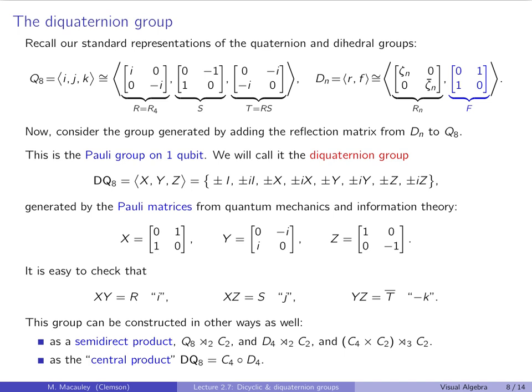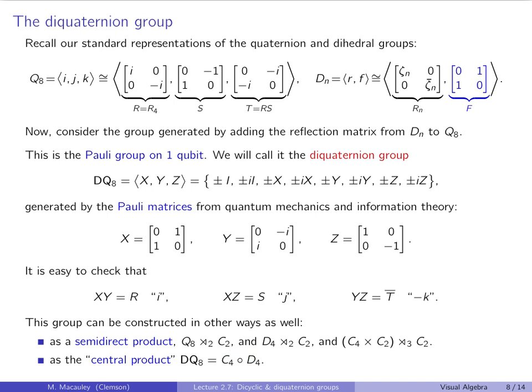This group can be constructed in other ways as well. Namely, it is a semidirect product of Q8 with C2, with D4 with C2, and C4 cross C2 with C2. You'll see what semidirect products are intuitively in a couple lectures later in this section, and then formally and rigorously in chapter 4. It's also a central product of C4 and D4.